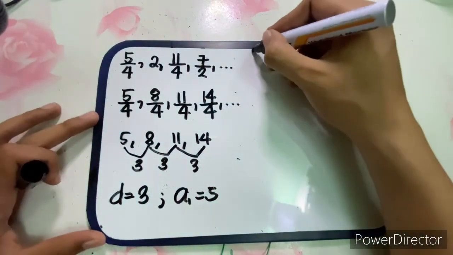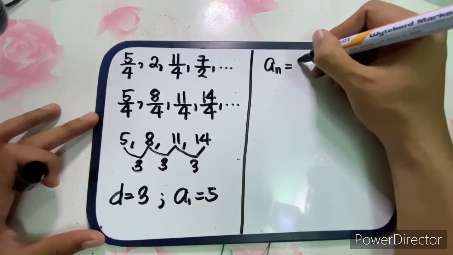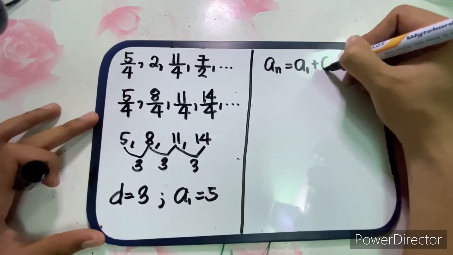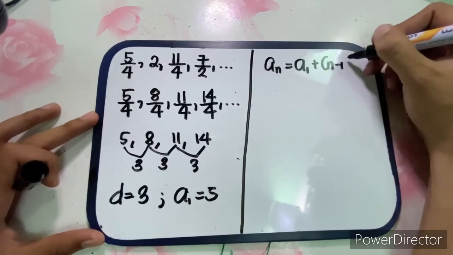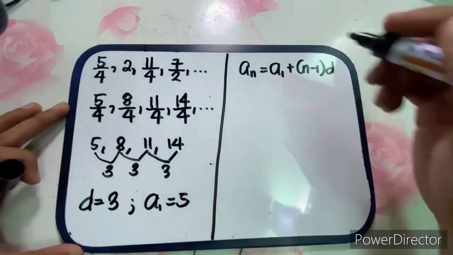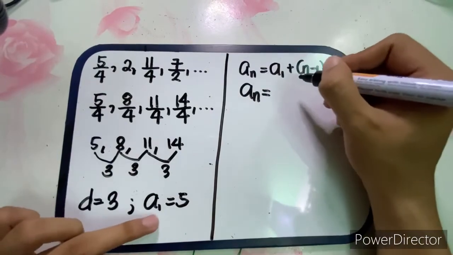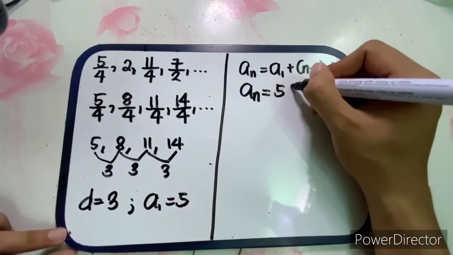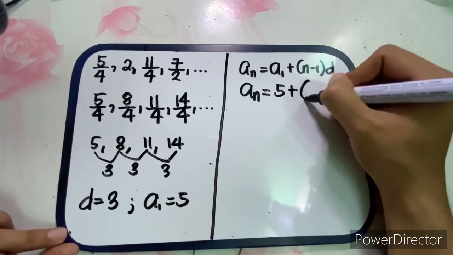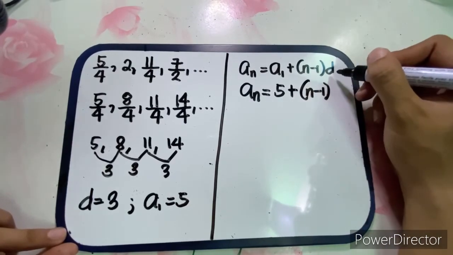Next thing to do is get the rule. So a sub n is equal to a sub 1 plus n minus 1 multiplied to d. So our a sub n is equal to a sub 1 is 5 plus the quantity of n minus 1, our d is 3.